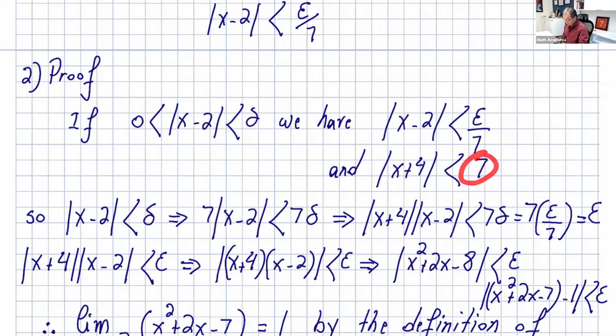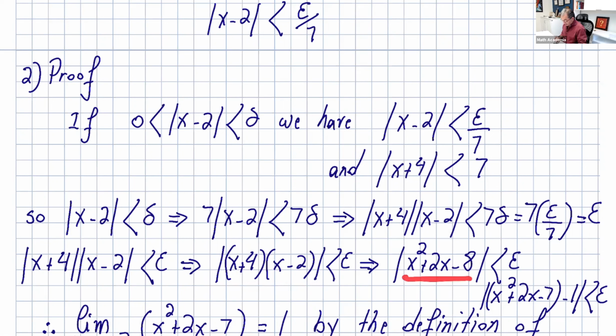So we know for sure that the absolute value of x plus 4 times the absolute value of x minus 2 is less than 7 times delta. And delta was epsilon over 7, and that's equal to epsilon. So we can write the absolute value of x plus 4 times x minus 2 is less than epsilon. Then we can again put those in one absolute value.